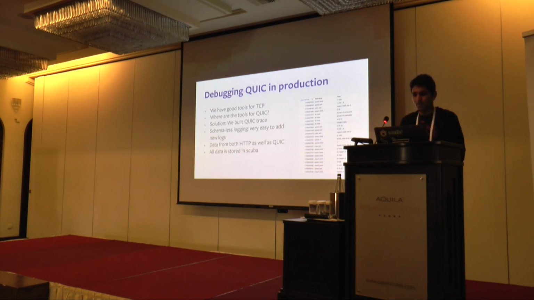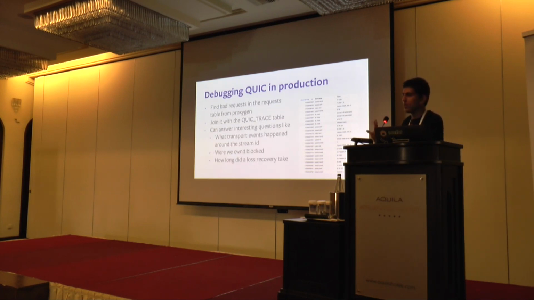The other thing we wanted is to add request level logging as well. So we wanted logging from multiple layers into one thing. If you can see this dataset, you can see not only the cubic ACK events there, but also on headers, on EOM, which all come from HTTP level logs. So we have this merge of logs from multiple data sources.